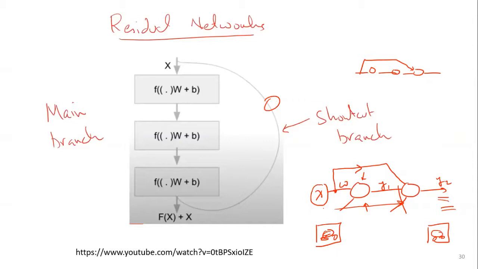Loss क्या होगा? As soon as it gets the input directly at the output, the loss is going to immediately come out to be 0. So it's going to immediately learn.